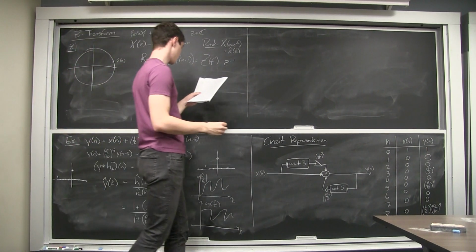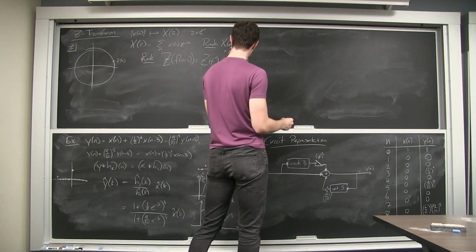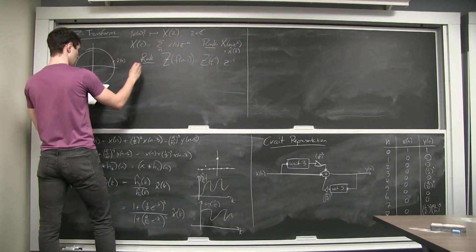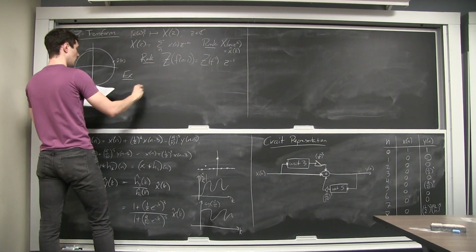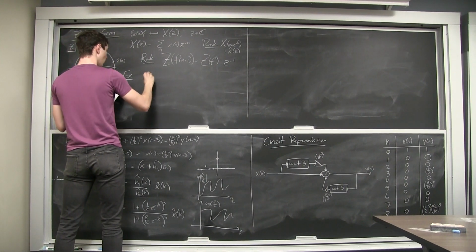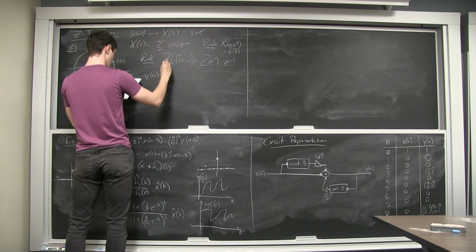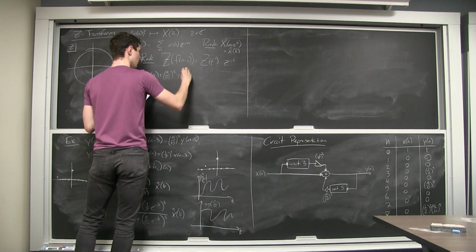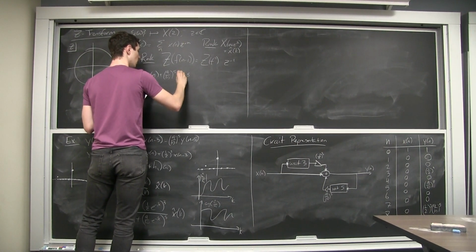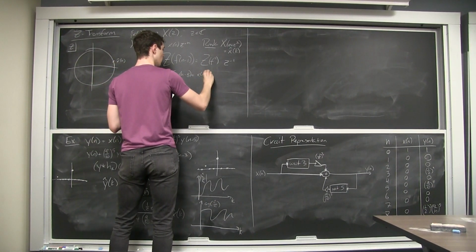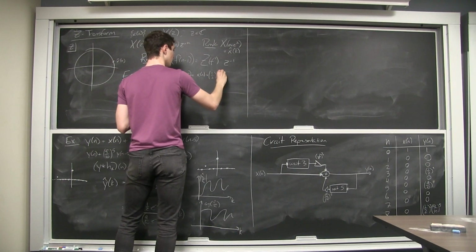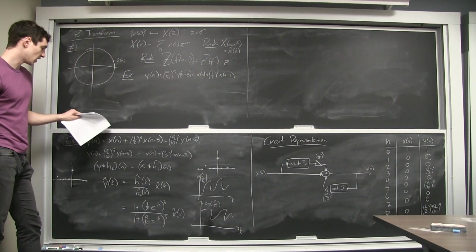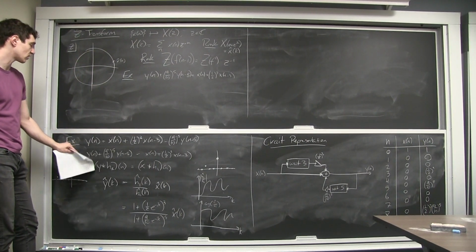So if we redo this example, y of n plus 9/10 to the 5 y of n minus 5. If we pass through the whole same thing, we rewrite it as a convolution.